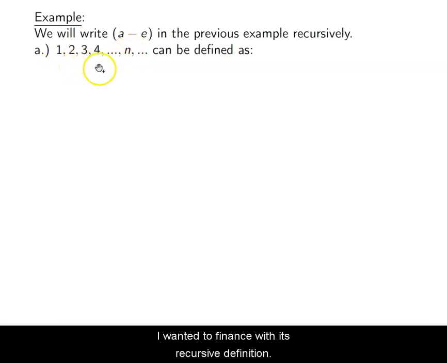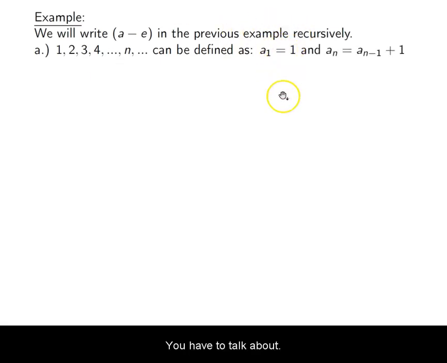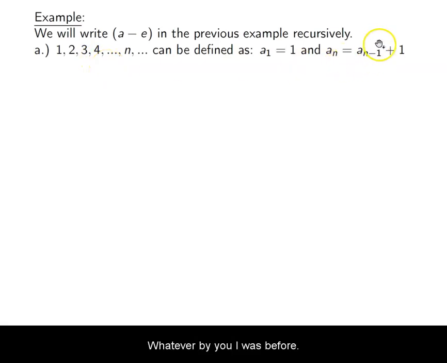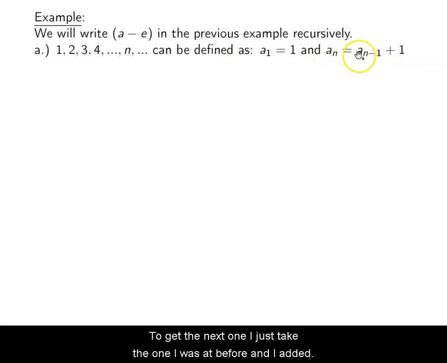If I want to define it with its recursive definition, you have to talk about where you're going to start, right? And then how do you find the next terms after that? So if I start at 1 and all of my next terms are based off of the last term plus 1, right? That's how we get 1, 2, 3, 4, 5, 6, 7, 8, 9, 10. Okay. Whatever value I was before, to get to the next one, I just take the one I was at before and I add 1.